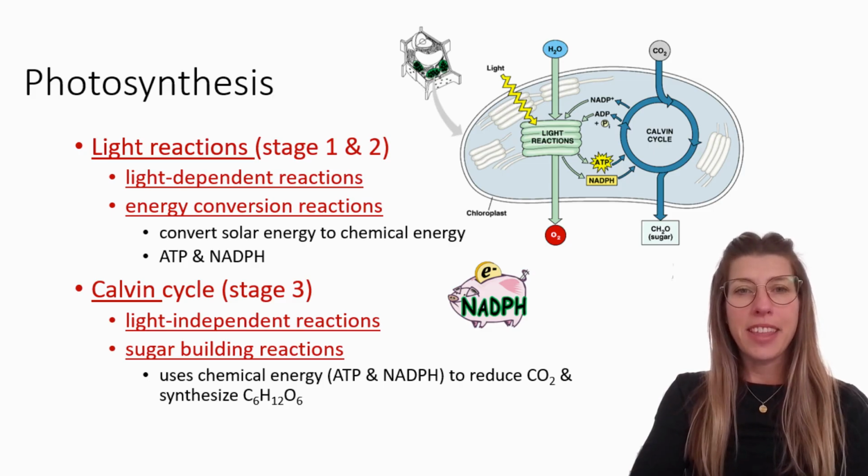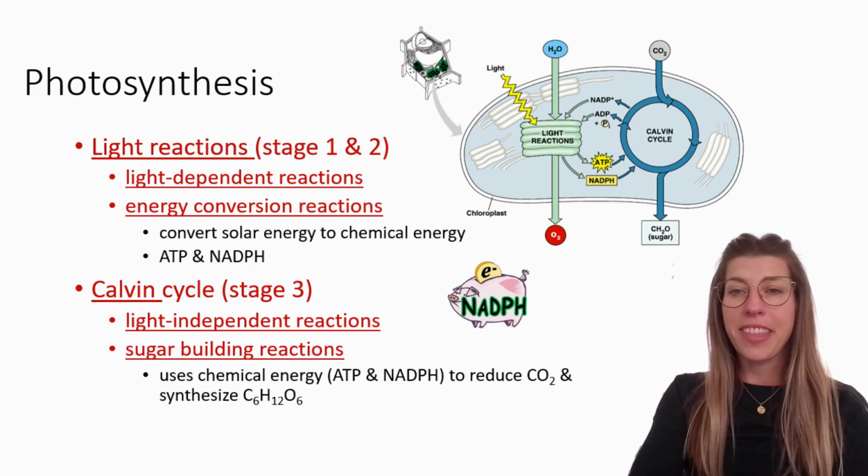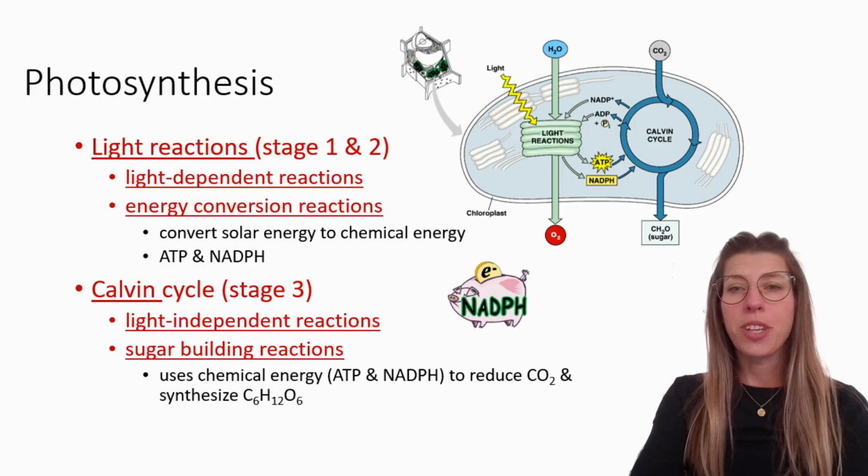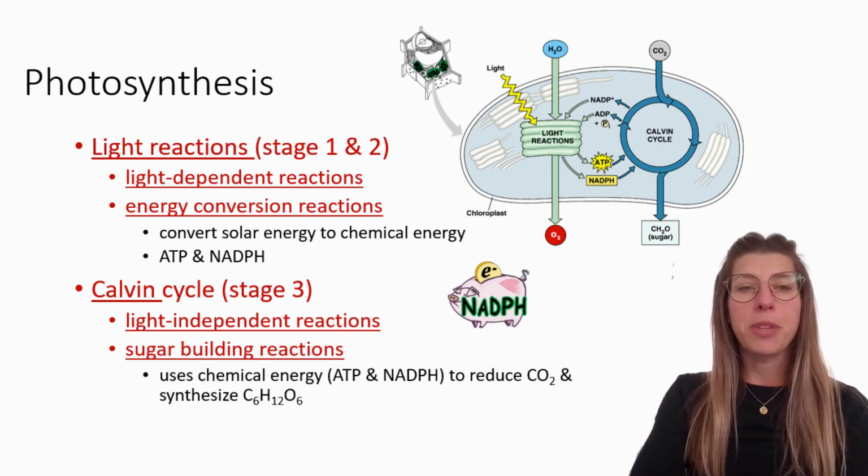Photosynthesis can be divided into the light-dependent reactions and the light-independent reactions. Light-dependent reactions, often just called light reactions, involve the direct use of sunlight, and this is where energy conversion reactions are occurring. We're taking this solar energy and converting it to chemical energy. In terms of photosynthesis, we're going to be seeing high energy molecules such as ATP, just like in cellular respiration.